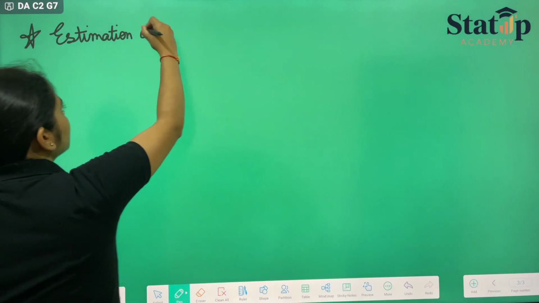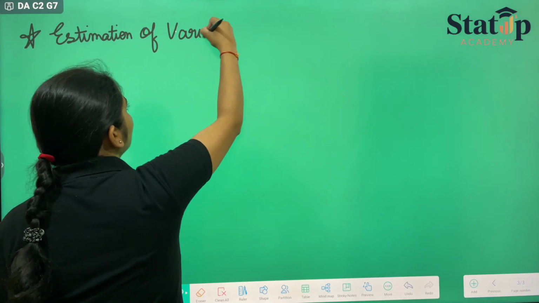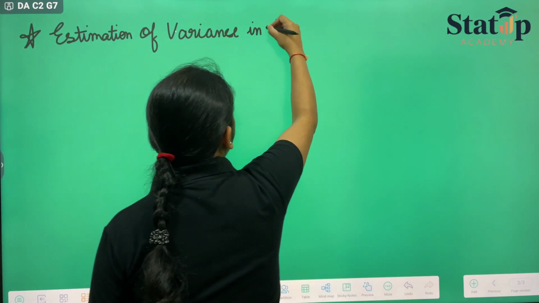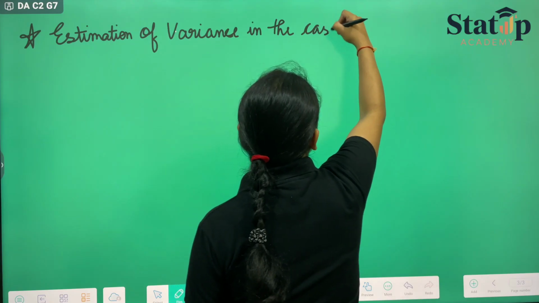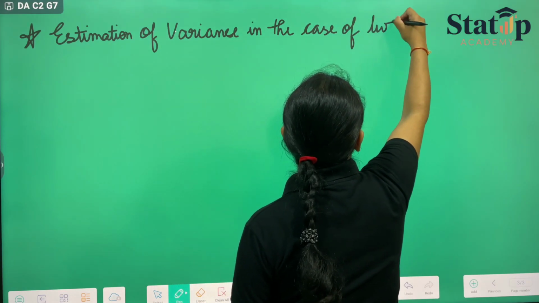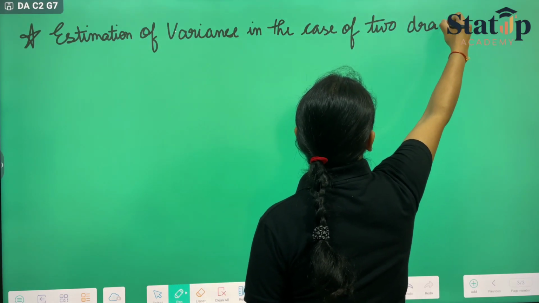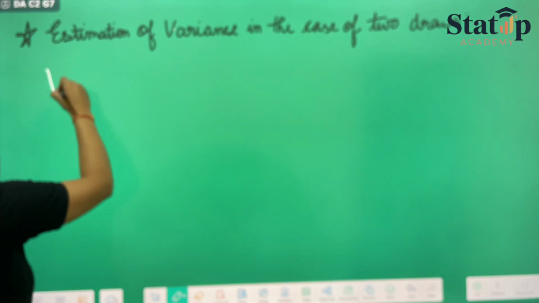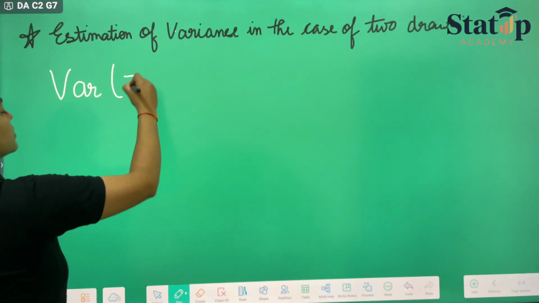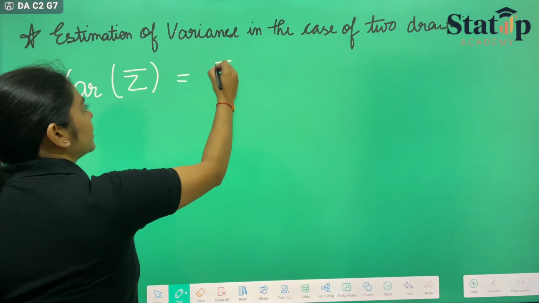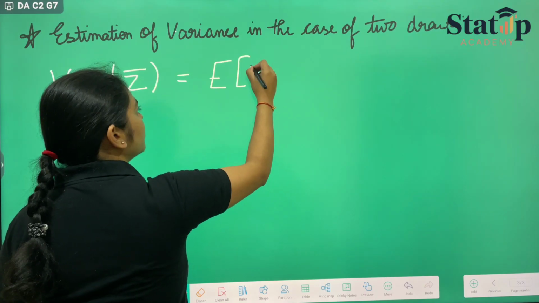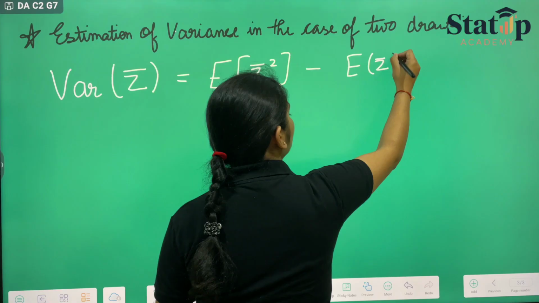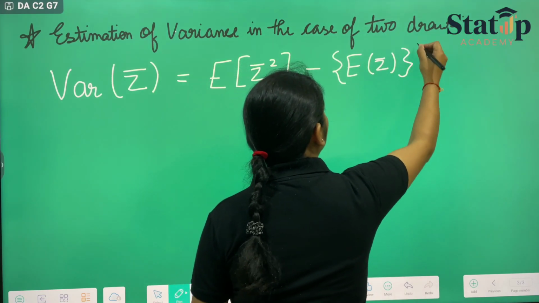You can again write in the case of two draws. Okay, so we know that the variance of z bar, which is the Desraj estimator, can be written as expectation of z bar whole square minus expectation of z bar, bracket whole square.